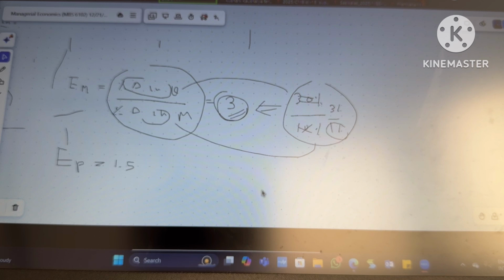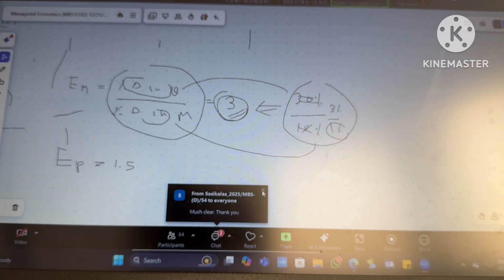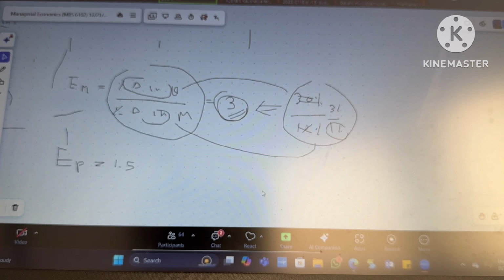Gayani, is it okay for you? Yes, sir. Right. Now, can you name one or two products for which income elasticity is elastic, greater than 1? Rangana, can you guess any product whose income elasticity is very high? Vehicle.